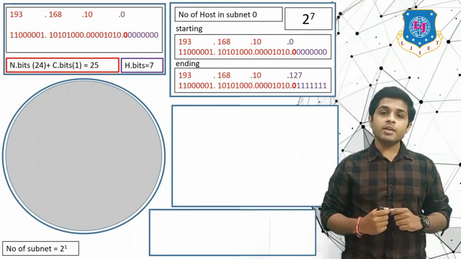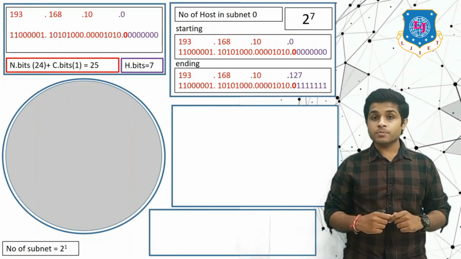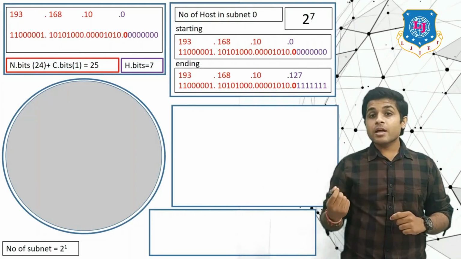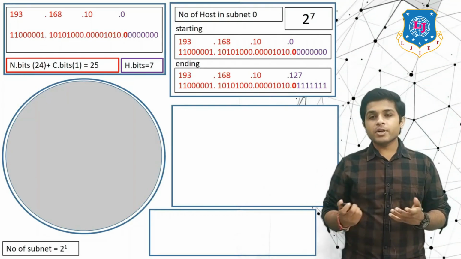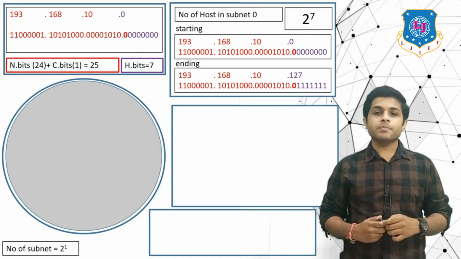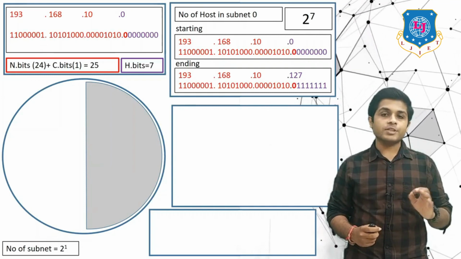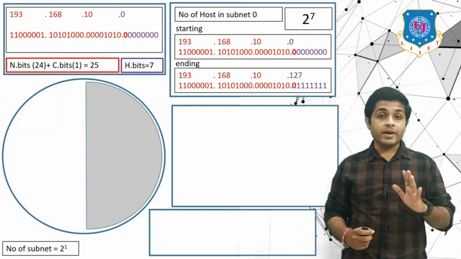Now if you increment 1 to the last address of subnet 0, you will get the first address in subnet 1. Before that, let's first allocate the IP addresses of subnet 0. Now the first and the last address will not be allocated to any device in the subnet.